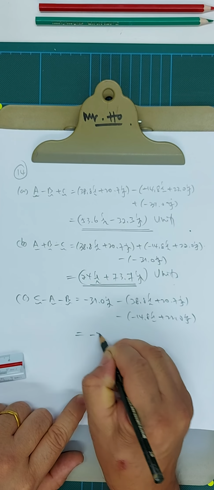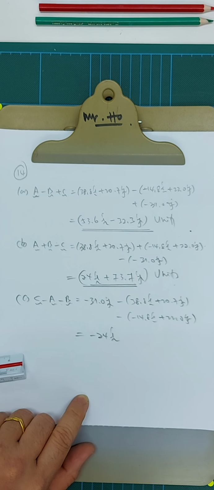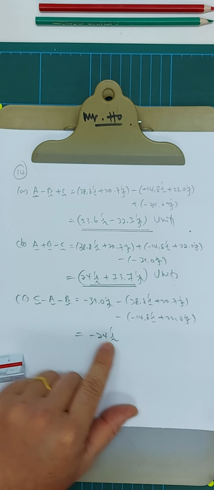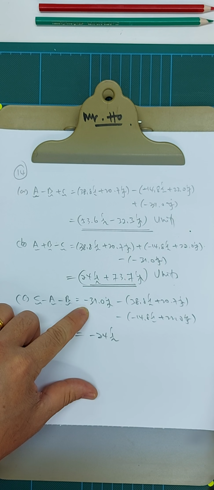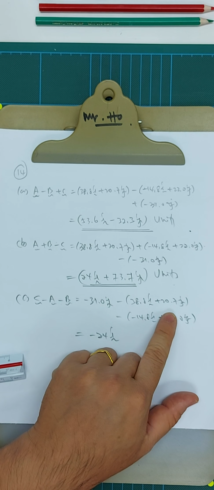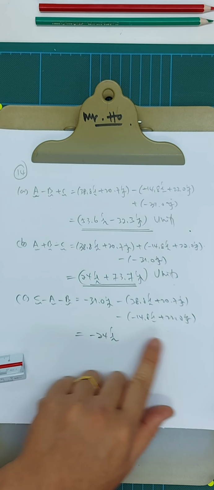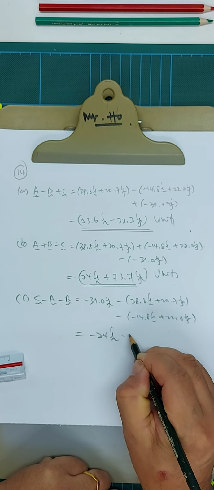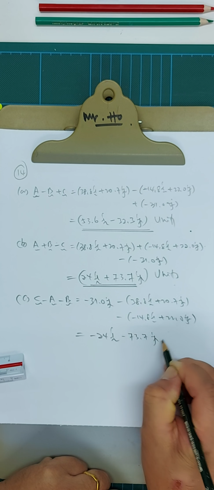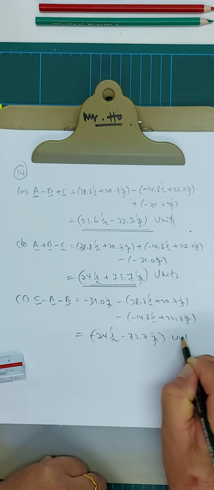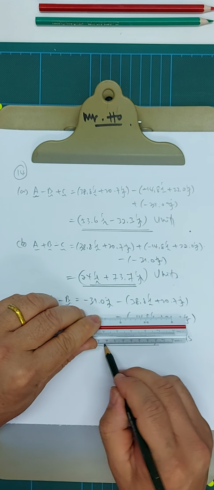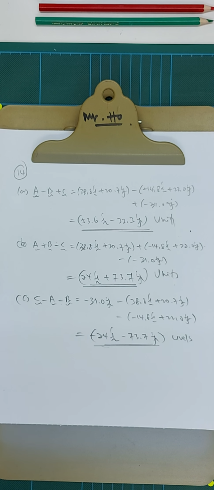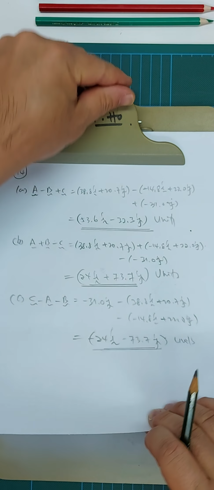So we have negative 24i. And next one is j. Negative 31 minus 20.7 and then minus 22, so it should be the same answer like before. So I have negative 73.7j units. So that is question number 14, totally using the ijk method. All right, next one, 15.